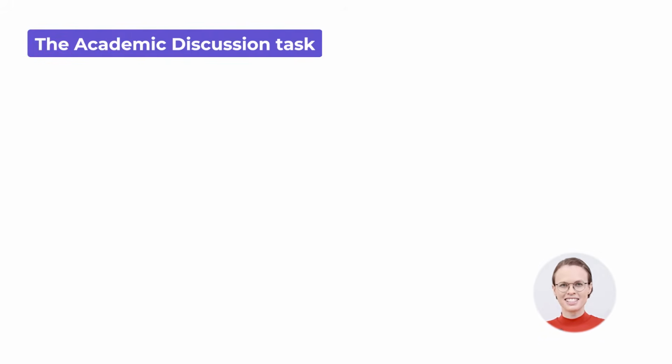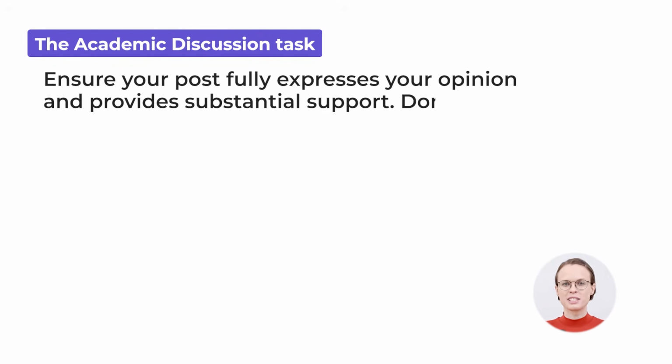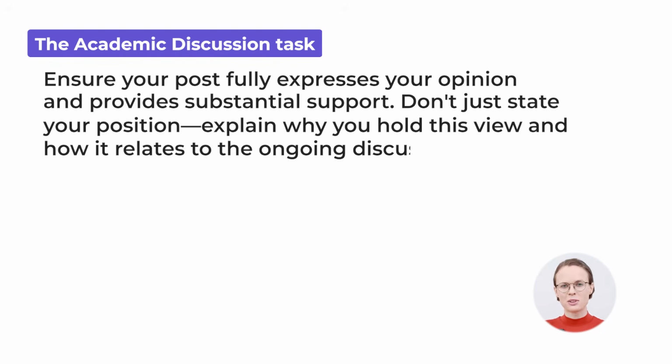For the academic discussion task, ensure your post fully expresses your opinion and provides substantial support. Don't just state your position. Explain why you hold this view and how it relates to the ongoing discussion. If you answer the task completely, you demonstrate your ability to communicate comprehensively and meet all requirements, which significantly impacts your overall writing score.